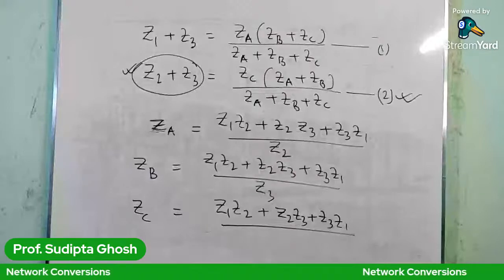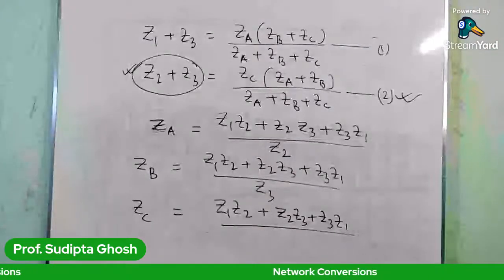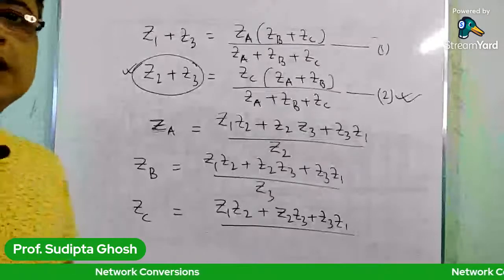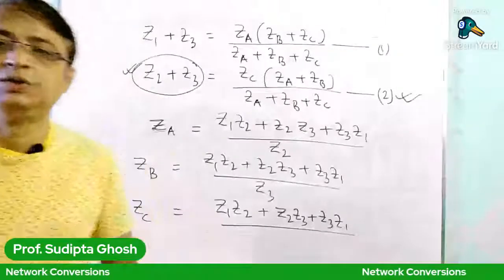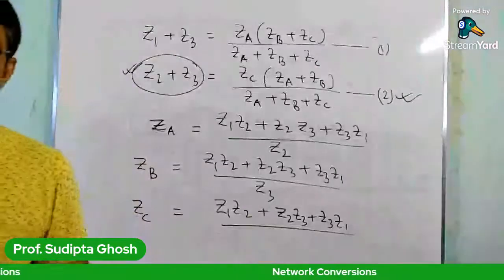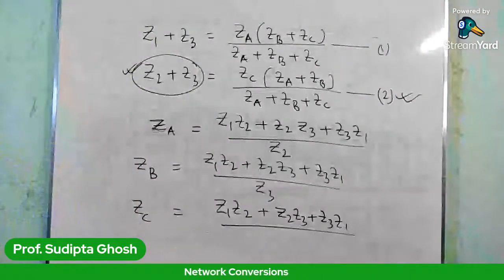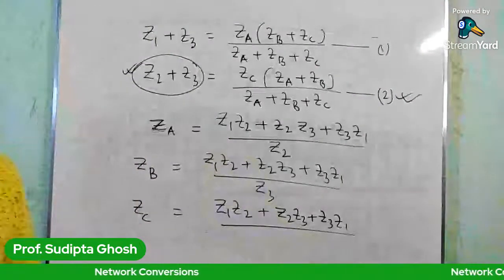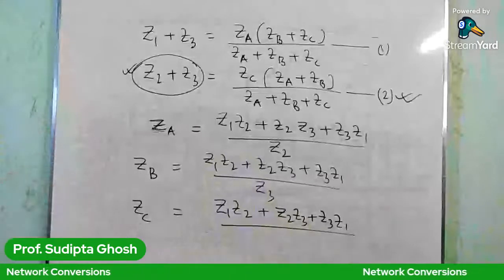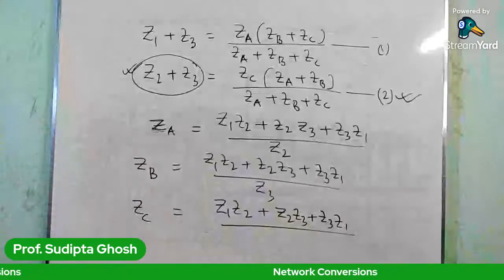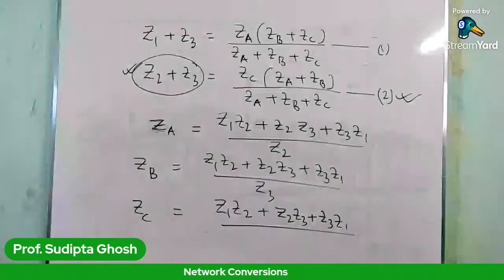If you type these two, pi to T conversion or T to pi conversion, in Google as well as in YouTube, you can find my videos ranked as number 1, number 2. So you can watch those videos for the complete derivations of these three equations.